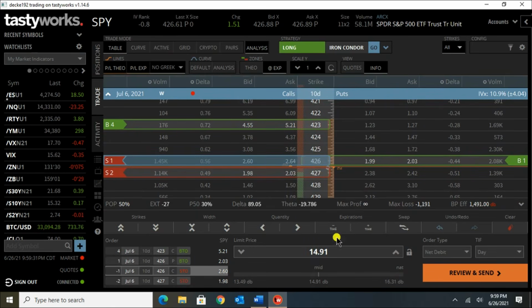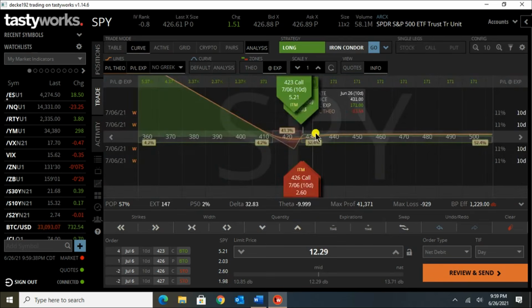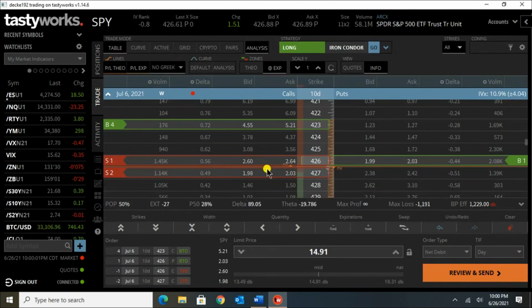Let's say I sold another 426, so now I have 4 long calls and 4 short calls. You can see that it caps my upside. So now on my upside, once it gets up to the short leg, then it flat lines. But it reduces your risk and it reduces your max loss at the value of death, and that's what you're looking for. So go back to the original.